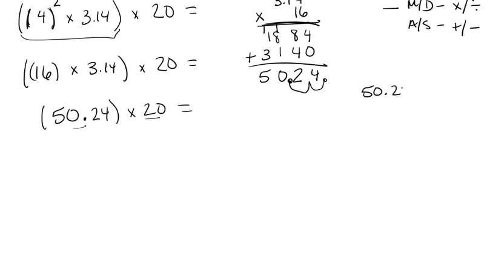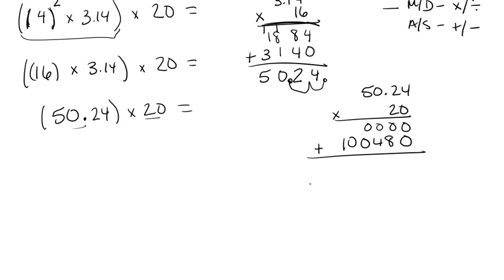So we can put 50.24 times 20. Now, anything multiplied by 0 is just zeros, so it doesn't matter. Then we can move on to the 2. We need to put a placeholder of 0. Then we get 2 times 4 is 8. 2 times 2 is 4. 2 times 0 is 0. 2 times 5 is 10. Then we need to add.